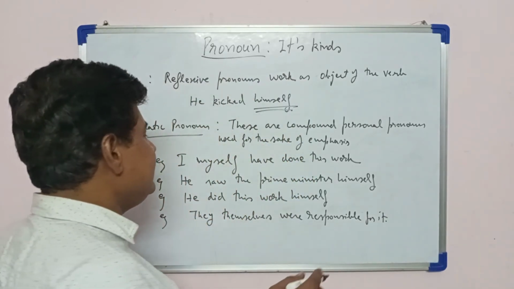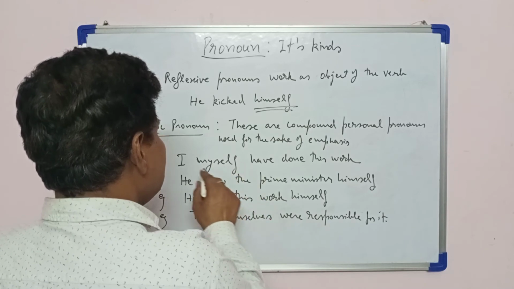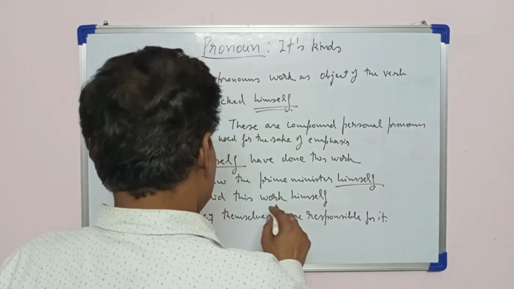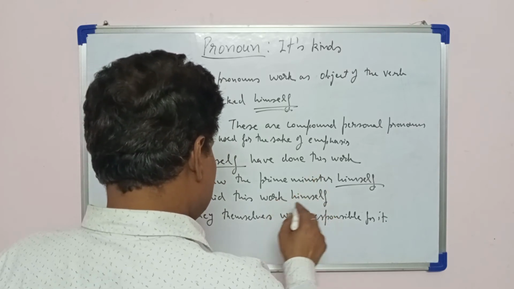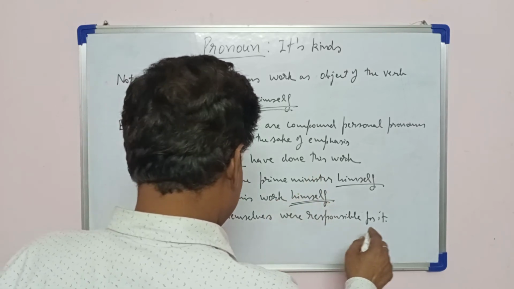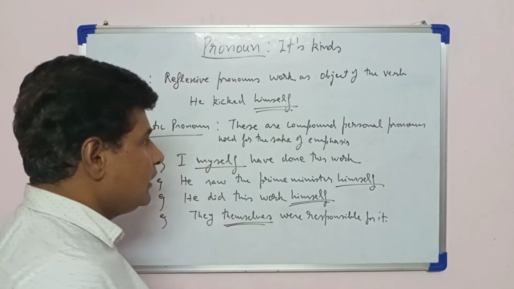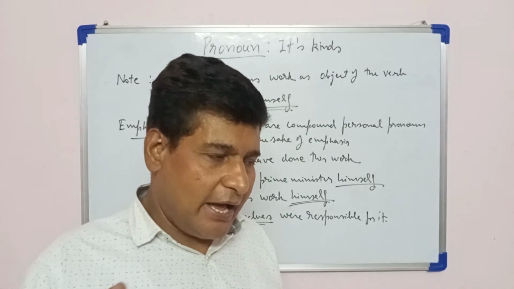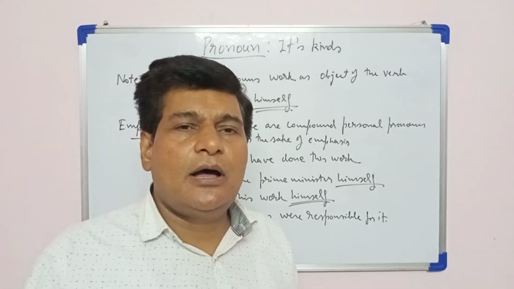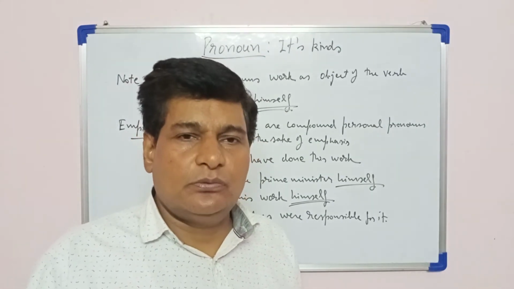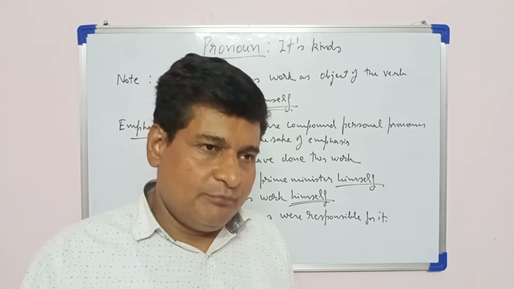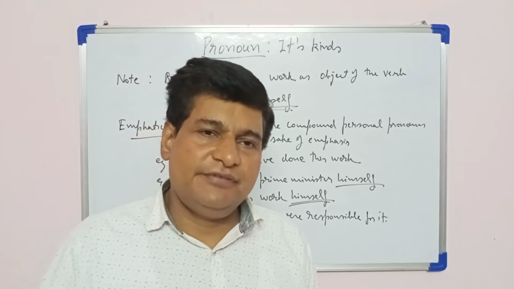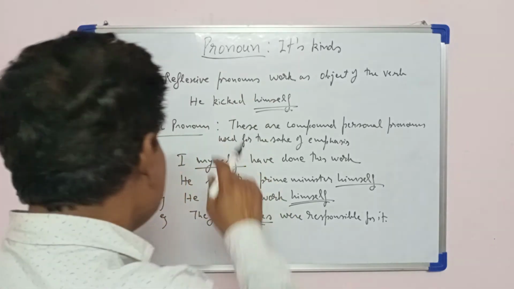So here you can see that this compound personal pronoun is used for the sake of emphasis. Now how are these made? When you add self to the possessive pronouns, both singular and plural, then we find these emphatic pronouns.